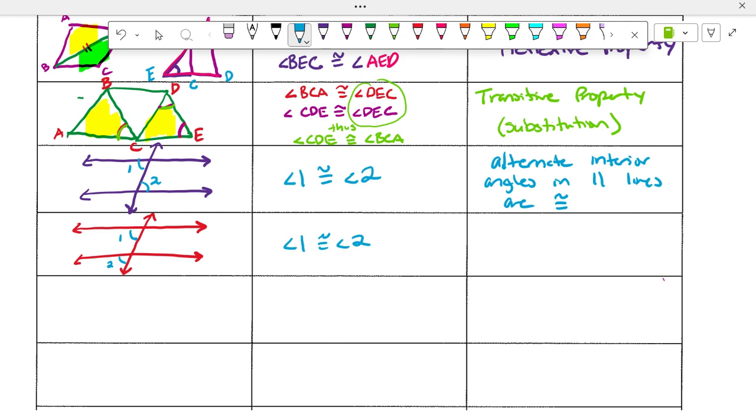So again, this is review for math 2. You already learned this before technically. So who remembers what that relationship's called? They're not vertical. Yes, good. They're corresponding. Don't they look like they're in the same spot, just shifted? Yes, so corresponding angles in parallel lines are congruent.